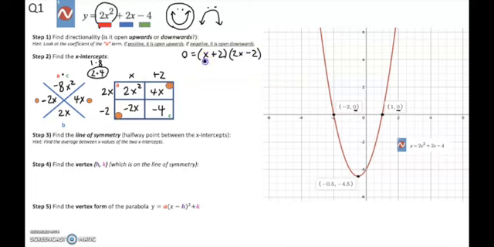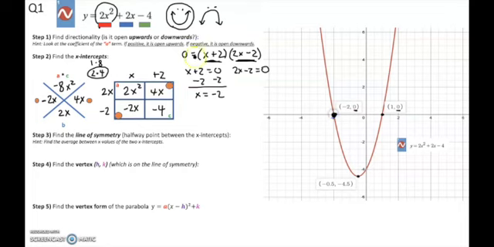Now using the zero product property, we know that any term multiplied by 0 should equal 0. So we'll set x plus 2 equal to 0, as well as 2x minus 2 also equaling 0. To solve, we're going to subtract 2 from both sides of this equation to get x is equal to negative 2.